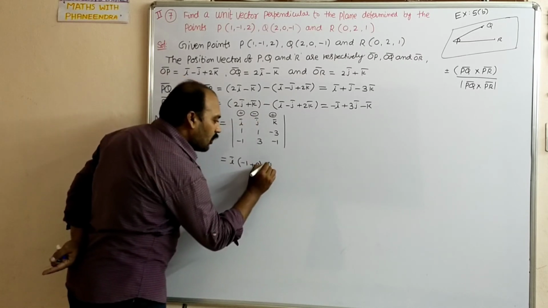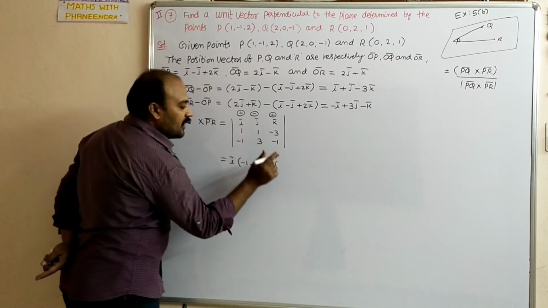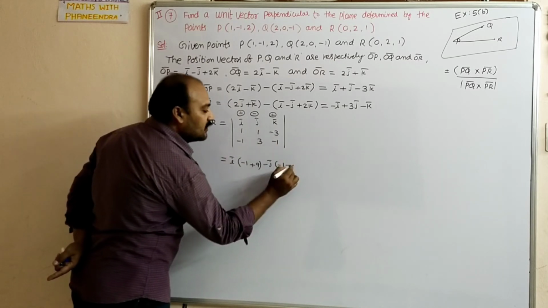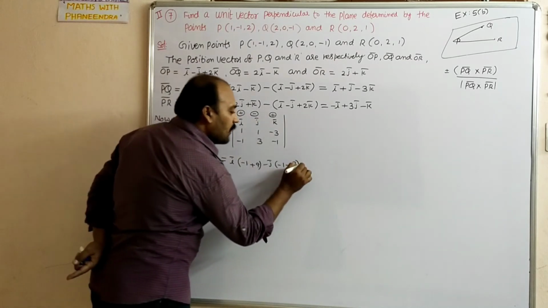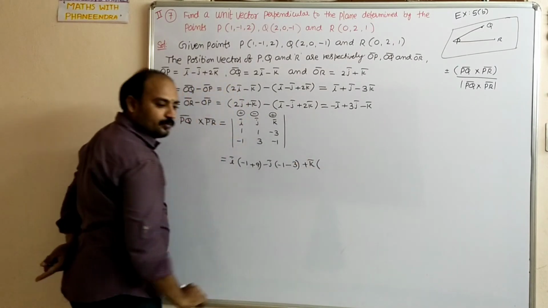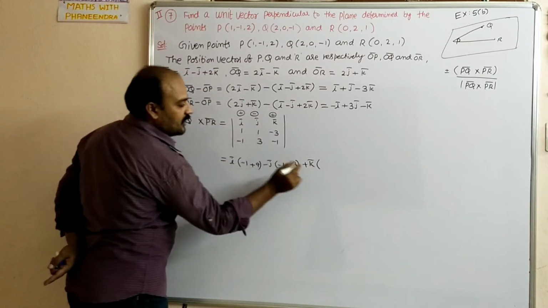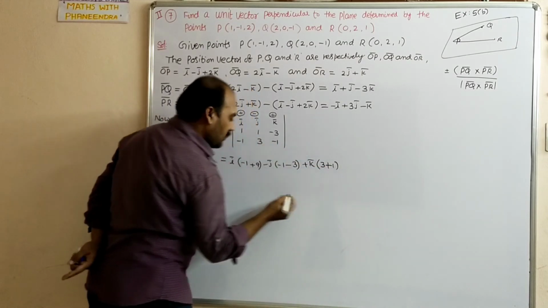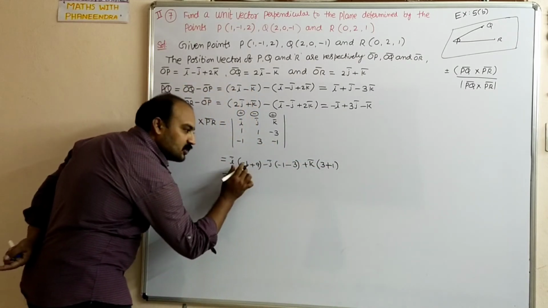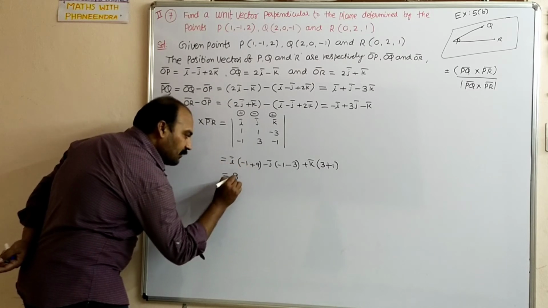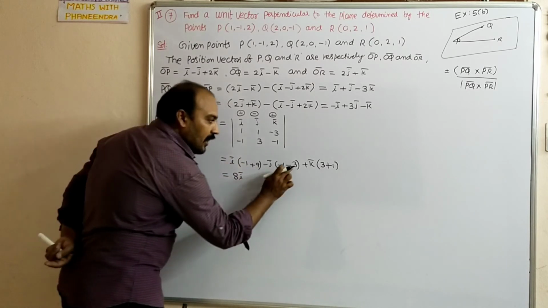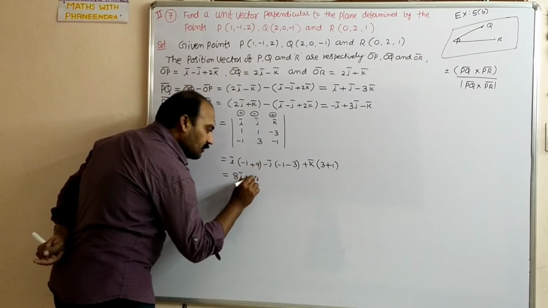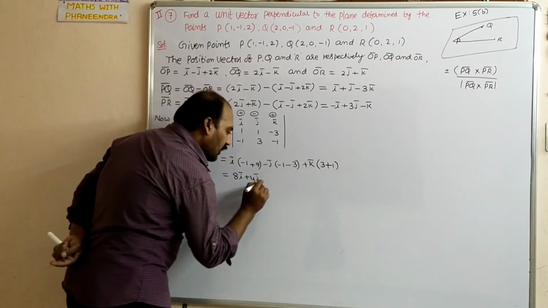So minus j bar into 1 into minus 1 is minus 1, minus 1 into minus 3, plus 3. So plus k bar into 1 into 3 is 3, minus 1 into 1, minus of minus 1 plus 1. So which is equal to 9 minus 1 is 8, 8i. Minus 3 minus 1, minus 4 into minus j, plus 4j, plus 4k.